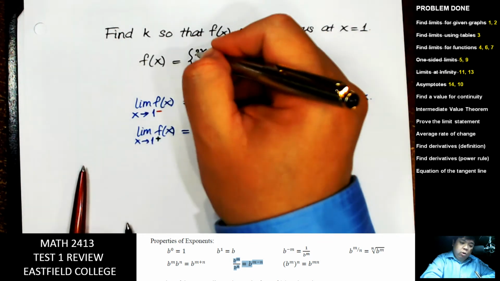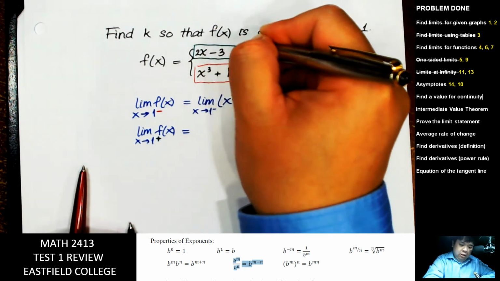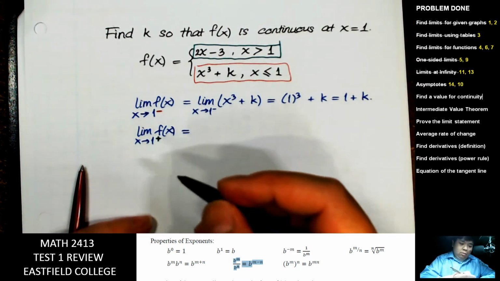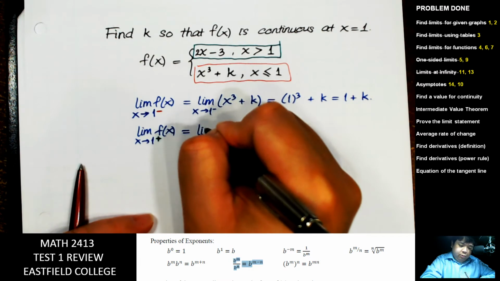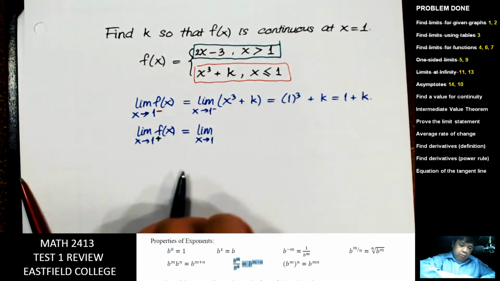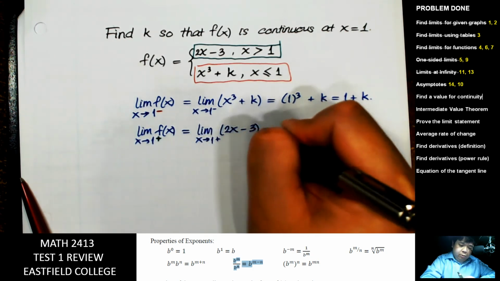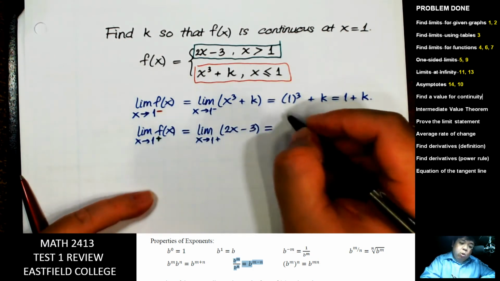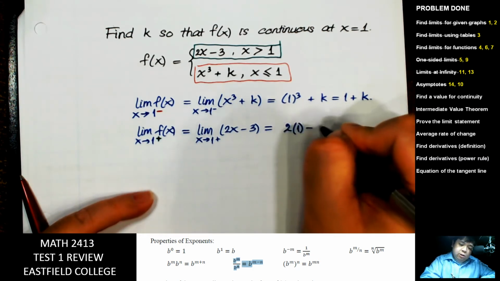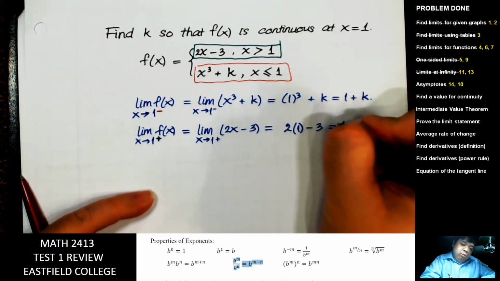If it goes from the right, it's bigger than 1, and we use this function. And so we put 1 in for x. I mean -1.